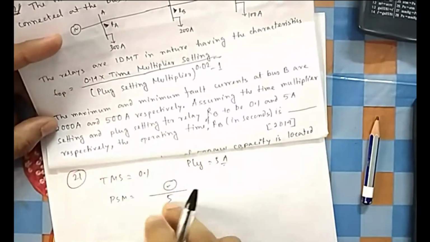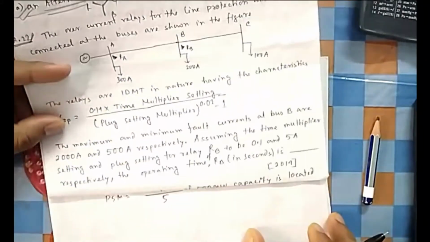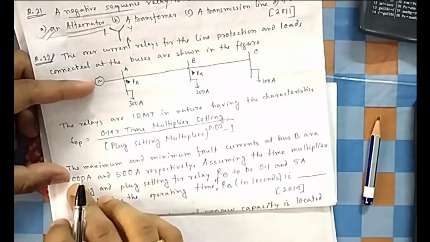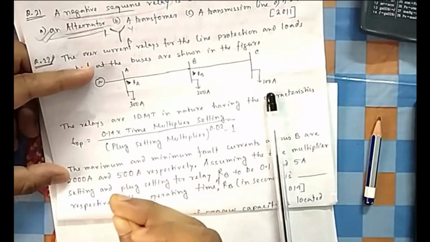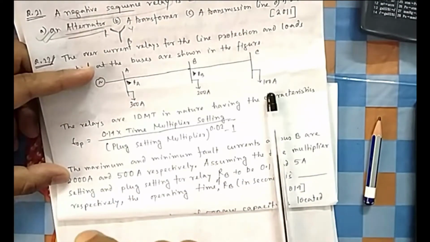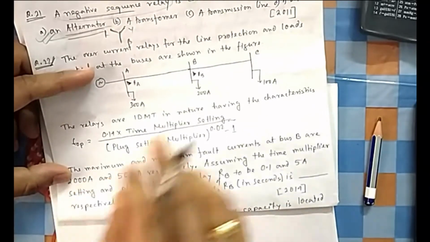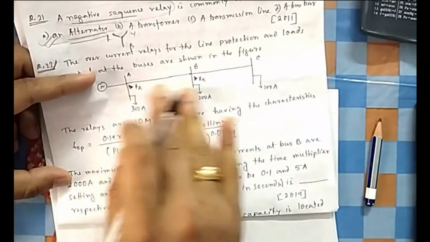You always think about where this operation or coordination problem starts. We always do this coordination exercise for maximum fault current, because maximum fault current will drive minimum time. It will operate in a fraction of a second. If there are primary and backup relays, there will be coordination between these two relays.